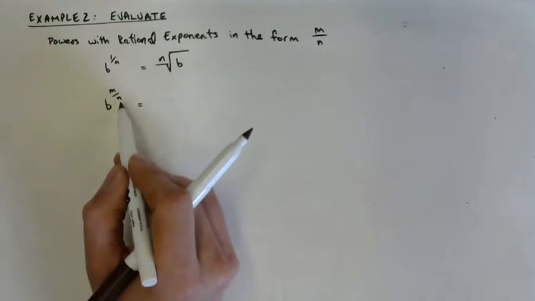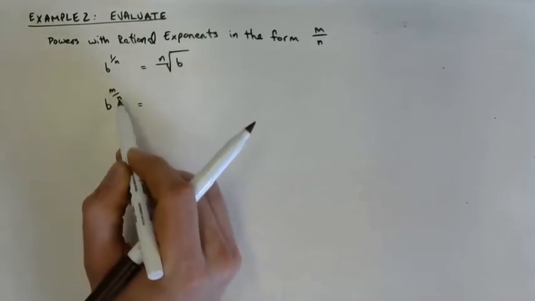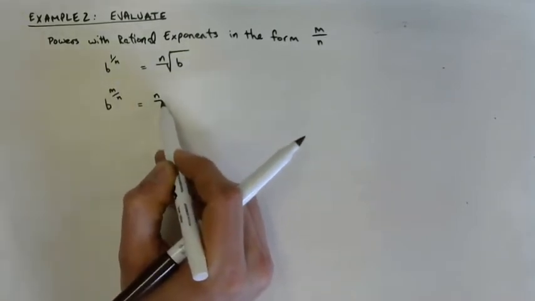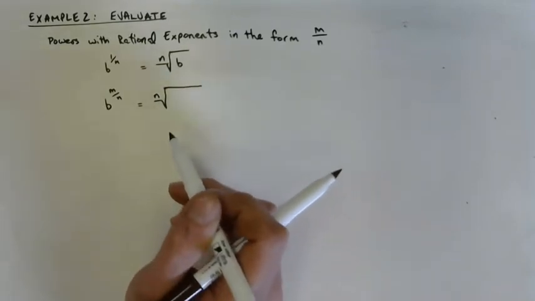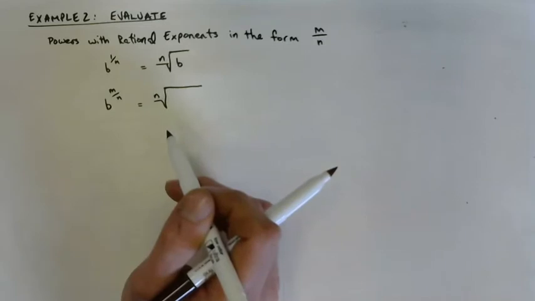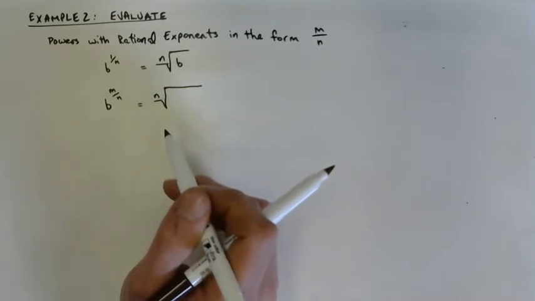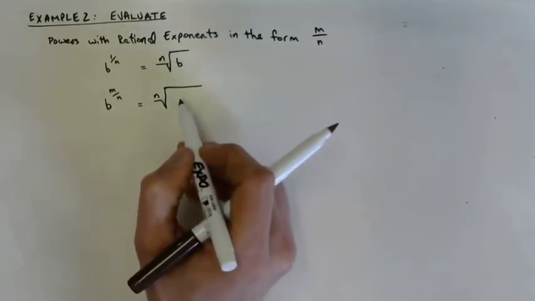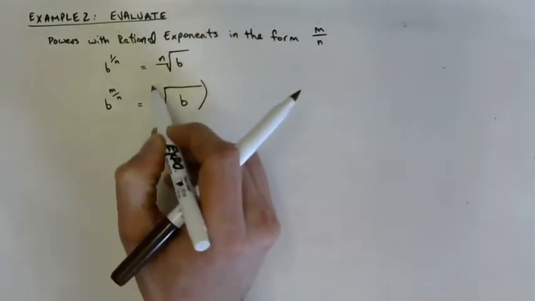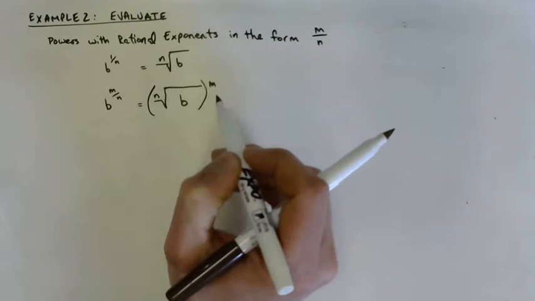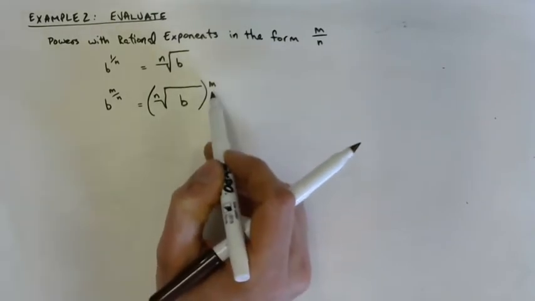And it's the same principle. The denominator of your exponent defines the root, okay? That is the index of the root. And our base is still under here. But then when we're done, we take that whole thing and we raise it to the power of m.